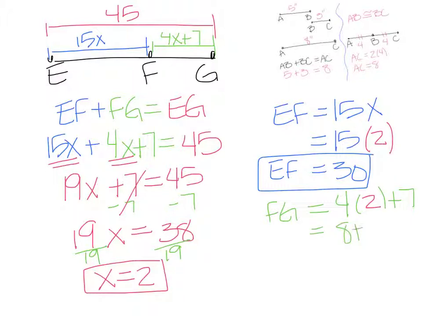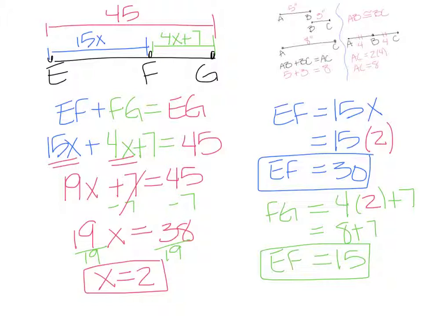So 8 plus 7 is 15. Now to find FG, we could have easily gone, we know that 45 is the whole length. We've used 30 units for EF, so there's only 15 units left for FG. That's totally fine. It works great.